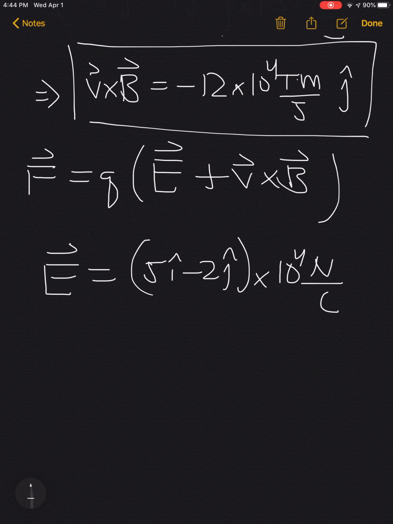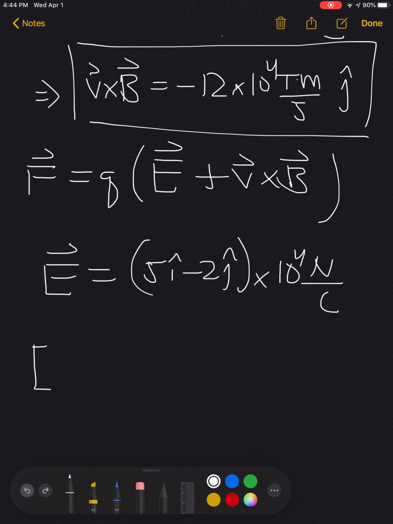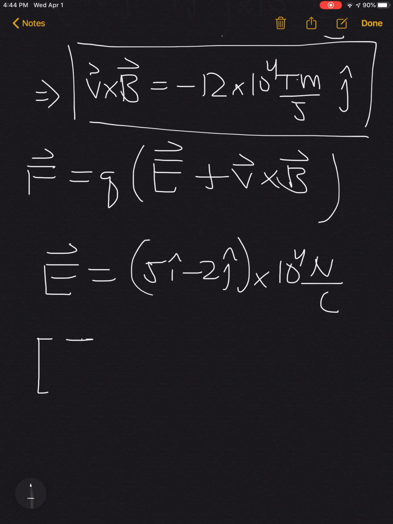Now, if you actually do out the units of Tesla times meters per second, you look up what all those are in terms of their SI units, what you do find is that that is also equivalent to newtons per coulomb.